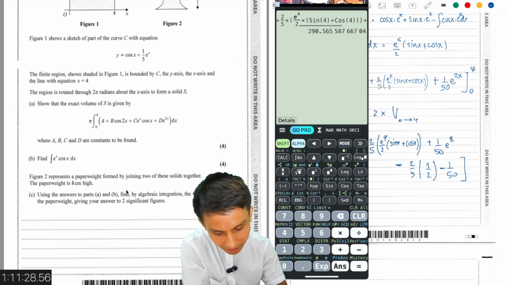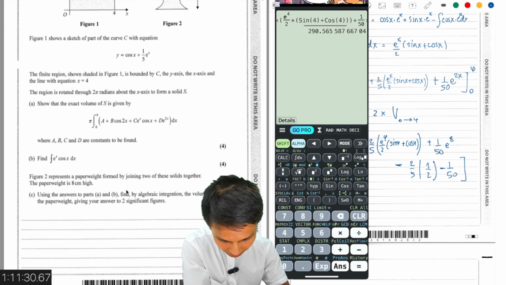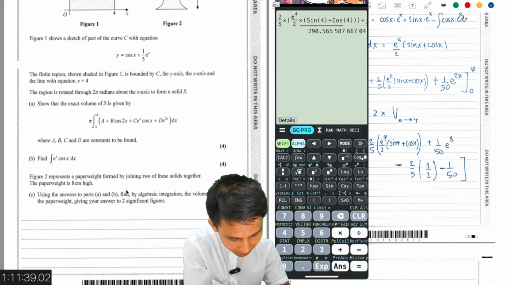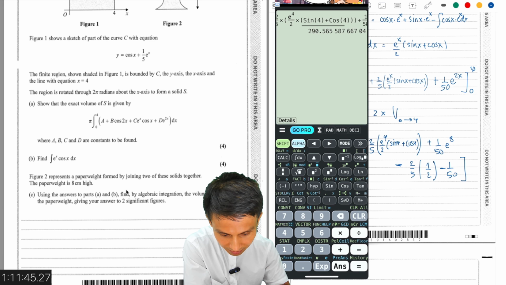This is sine 4 plus cos 4 and then brackets, and then multiply with that, and then close bracket because we need to multiply 2 over 5 there all at once. Okay, I think that's fine. And then plus, give me some time, just double checking. Yeah, I think I'm fine.